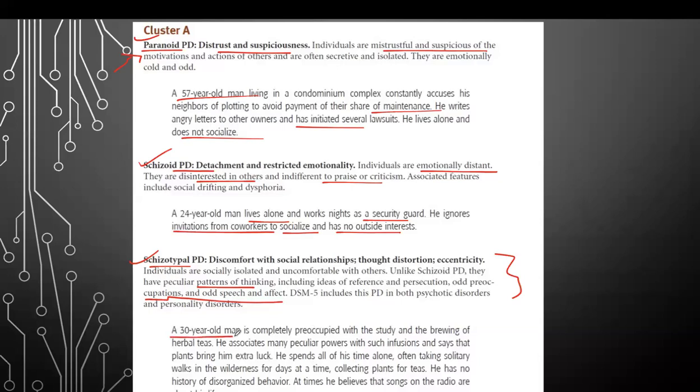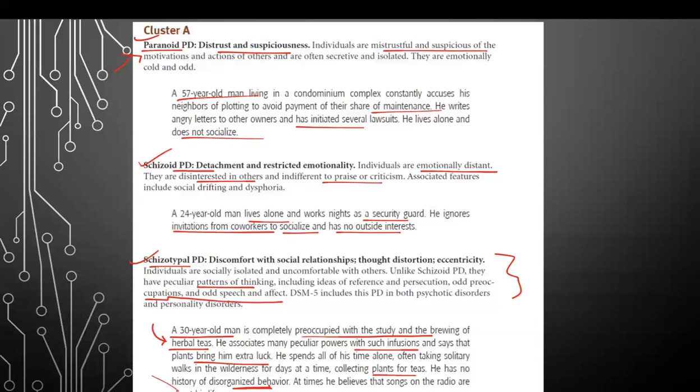Like this, a 30-year-old man is completely preoccupied with the study and brewing of herbal teas. They will be very interested in something very peculiar or particular. He associates many peculiar powers with such infusions and says that plants bring him extra luck. So you can understand the odd and eccentric thinking. He spends all of his time alone, often taking solitary walks in the wilderness for days, collecting plants for teas. He has no history of disorganized behavior.